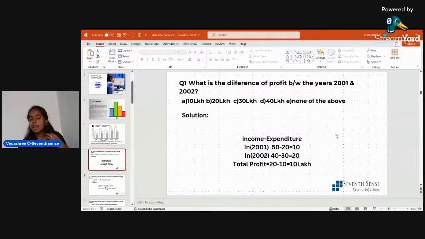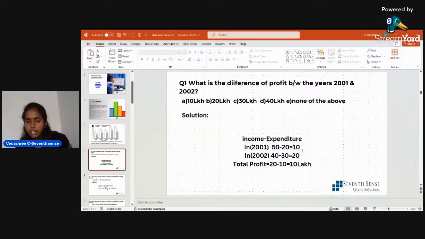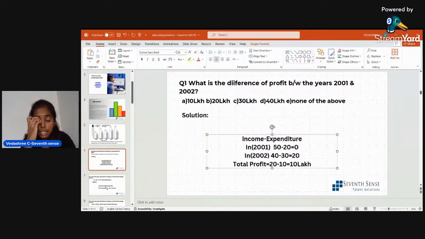So now we need to calculate the difference first. In 2001, sorry, income minus expenditure: 50 minus 30, which is equal to 20.